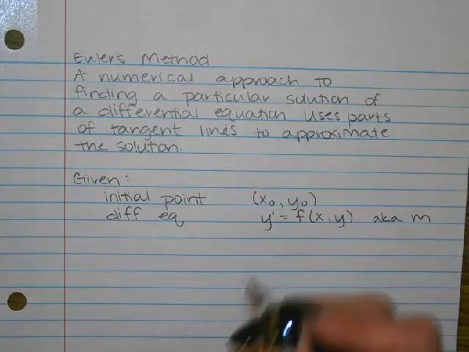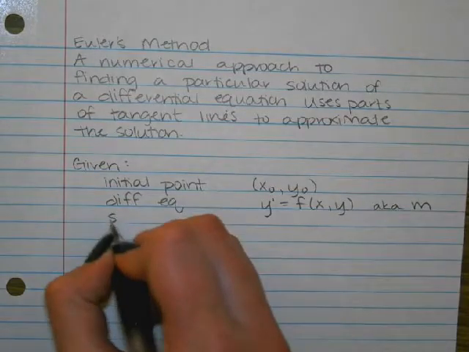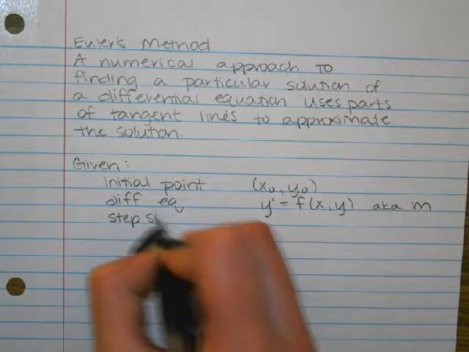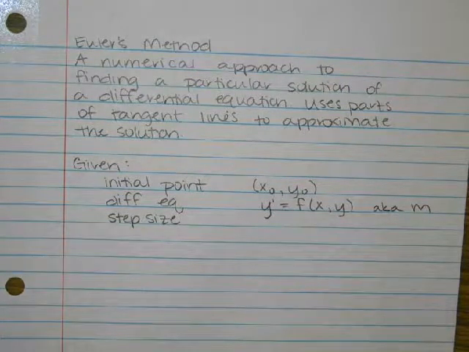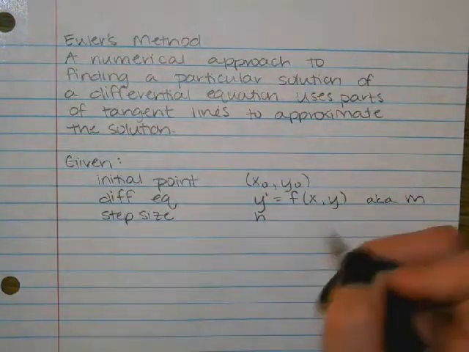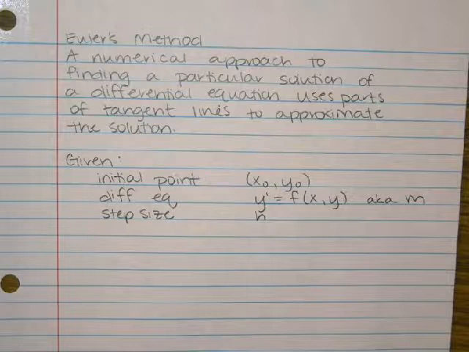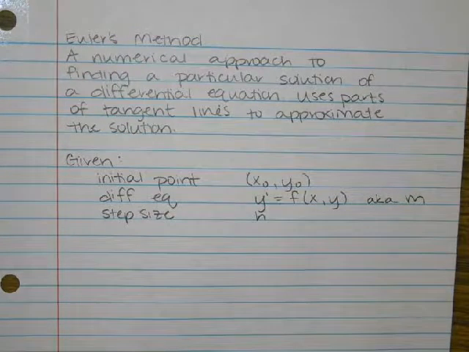And then the other thing you're going to need is the step size. And that tells you how long your little line segment is. So step size, and they write it sometimes as h, and that h would be kind of related to back when we were finding the area underneath a curve using rectangles, and we had h as being like the height of the rectangle, or dx is like the width of the rectangle.